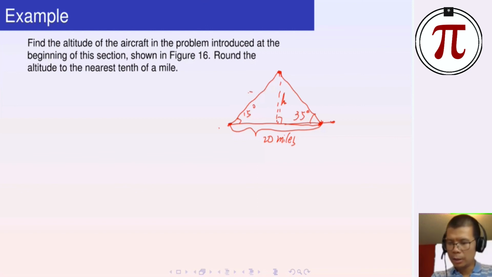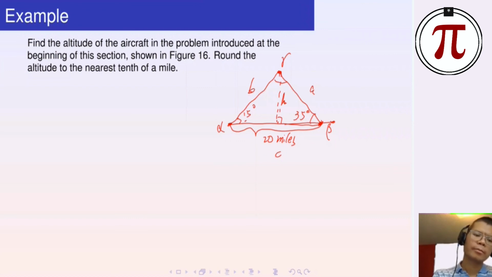Okay, so do we have enough time here? Okay, well, I do not think we have. Say that this is alpha, this is beta, this is gamma, 20 miles, right? So this is C, this is B, this is A. If this is 15, this is 35, then what is gamma? 140? 130?